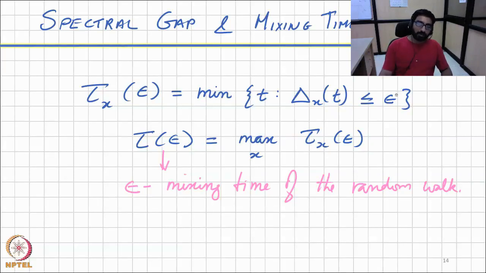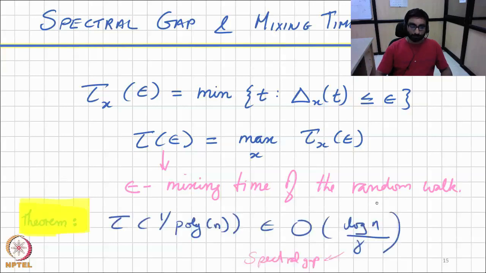And this is with respect to a particular starting location, and when we want this to be agnostic to the starting location, we consider it to be this parameter tau of epsilon, which is the maximum over all possible starting locations, the worst difference possible over all starting locations x, tau x of epsilon. And this parameter is called the epsilon mixing time of the random walk.